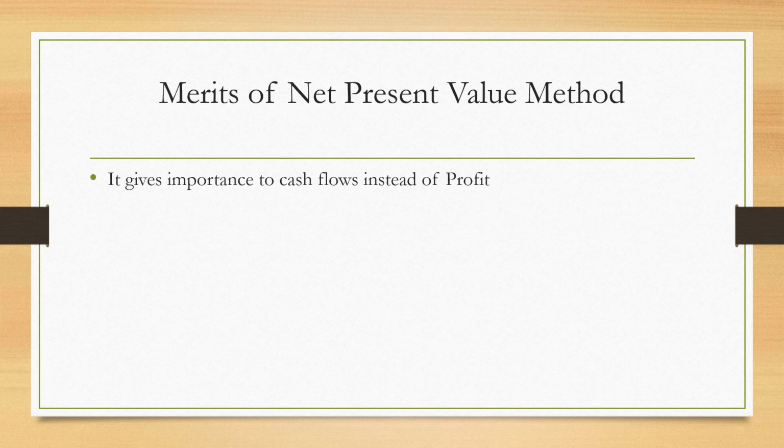While doing so, we deduct various non-cash expenses also. The classic example is of depreciation. So we do not get a correct idea of how much cash flow we are getting from the project. And for that purpose, in net present value method, we take into account cash flows and not profit.